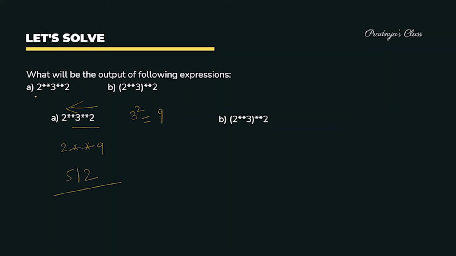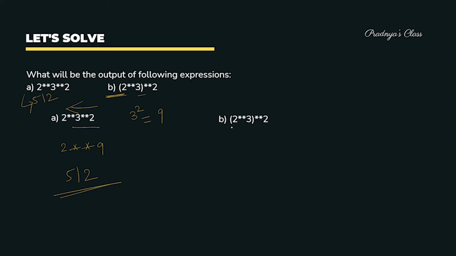तो 512, तो ये आंसर हो गया ए का. अब हम बी को सॉल्व करते हैं. You can clearly see that the numbers are same, but what's the difference? Here we applied the bracket. So now you will come to know that after applying the bracket, the order of the evaluation will change and we will get some different answer, not the same as 512.